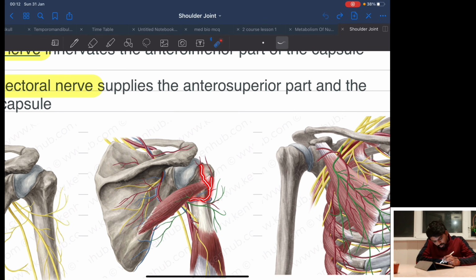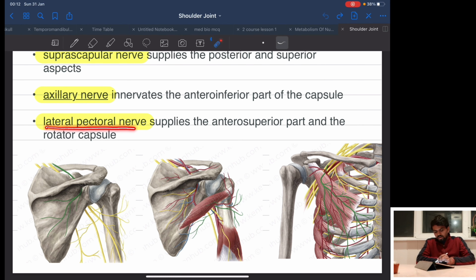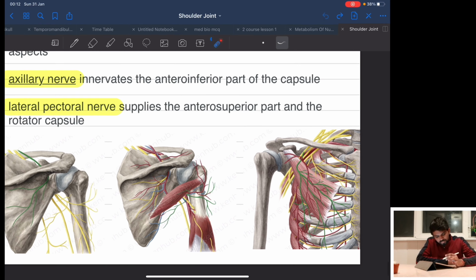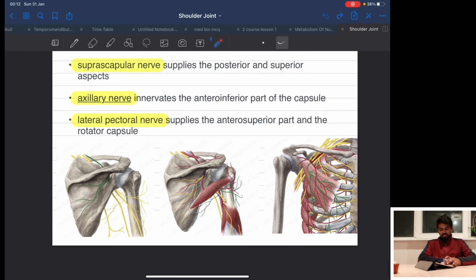And the last, the lateral pectoral nerve that supplies the anterior superior part of the rotator capsule. Here is the lateral pectoral nerve.